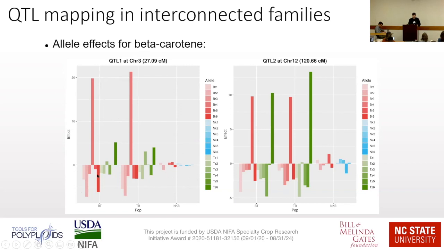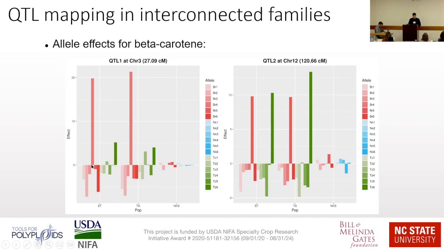As you can see, BT and TB have high magnitude allele effects, while NKB has lower magnitude allele effects, which makes sense because we have lower heritabilities, and we couldn't detect this QTL in this population by itself. We could only detect it by making use of the joint analysis. And also the allele effects are pretty much consistent.